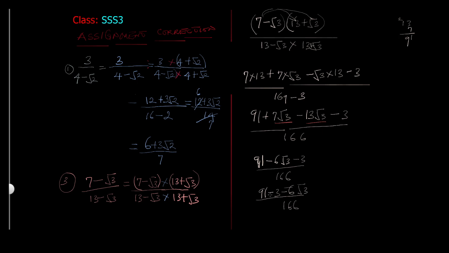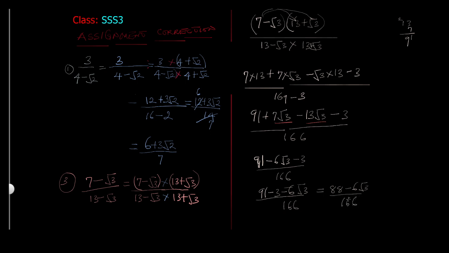We subtract this 91 minus 3, that will give us 88. And that will be 88 minus 6 square root of 3 all over 166.